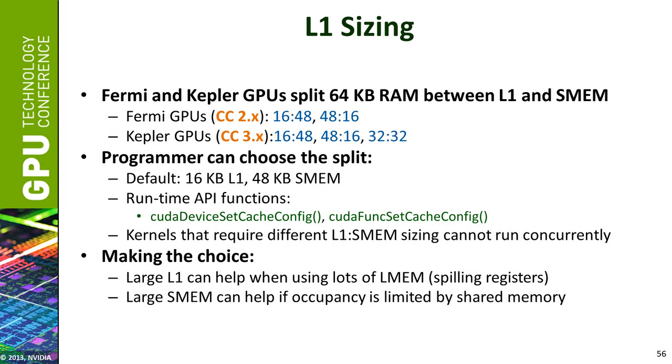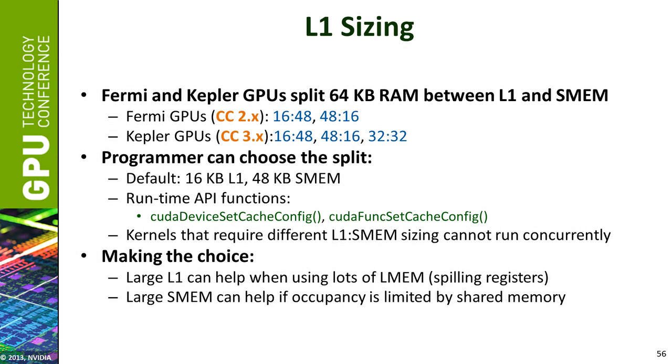Kepler SMs add another partitioning, 32 and 32, so half and half. And you do this with a call of cudaDeviceSetCacheConfig, or cudaFuncSetCacheConfig. So you can choose the cache configuration between shared memory and cache either per kernel, if you want that kind of fine control, or you can just set it for the entire device for all the functions that you will run on it.